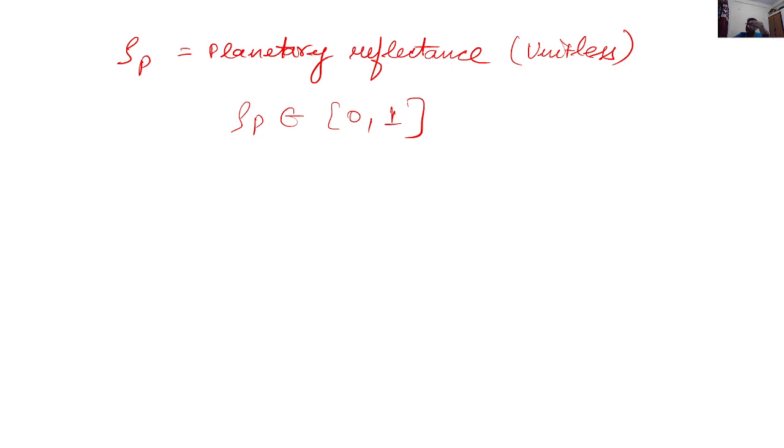And bare dry soil consistently shows relatively larger values of reflectance.